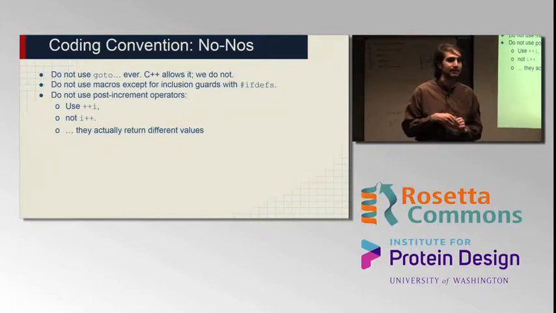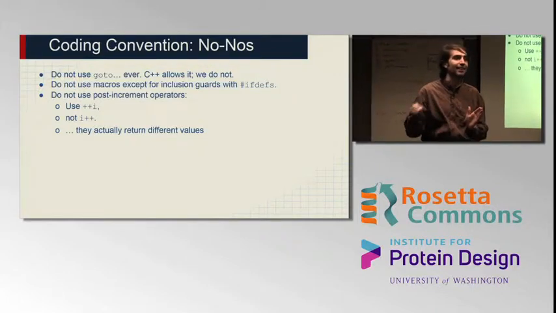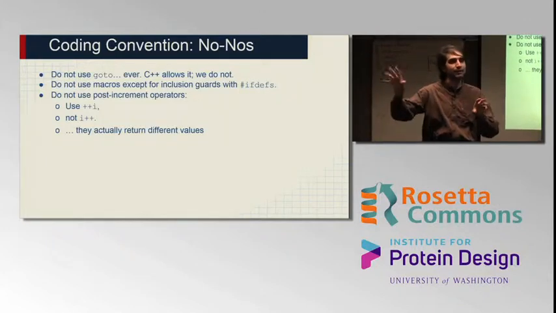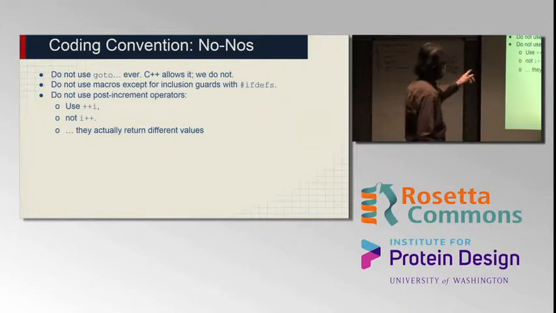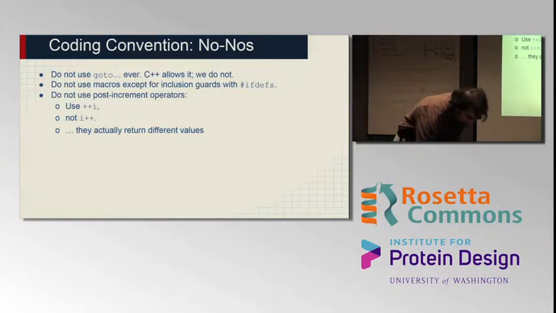So y ends up being 6. If I say y equals i plus plus, that means store the value of i in y and then increment the value of i. So y ends up being 5 and i ends up being 6. So plus plus i is more intuitive. It does what you kind of expect it to do.